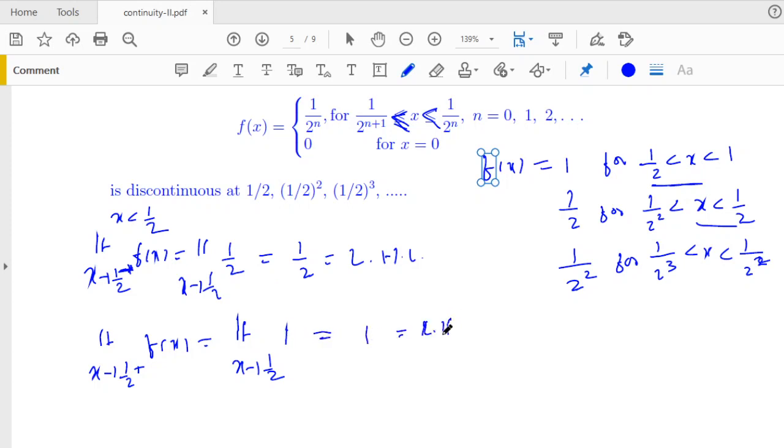This is the RHL. Therefore the left hand limit and right hand limit exist and are not equal. Therefore the limit of the function does not exist. Therefore at x = 1/2, f has a discontinuity, which is also called a first kind discontinuity.